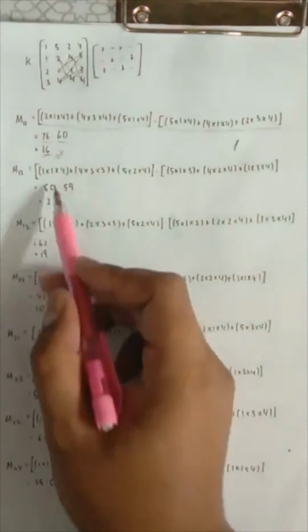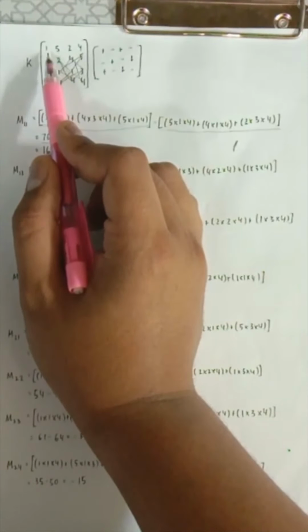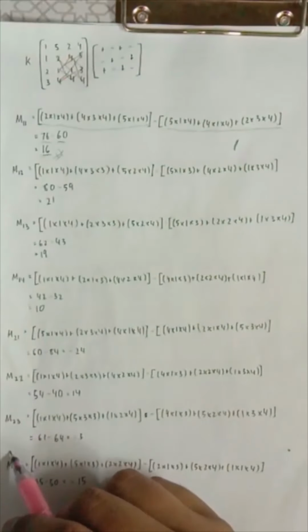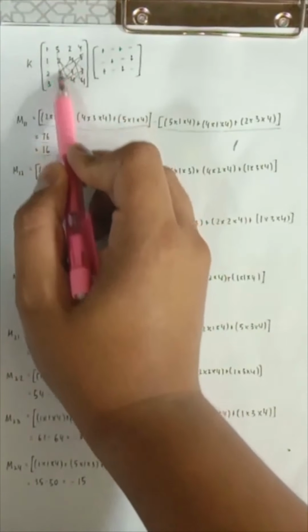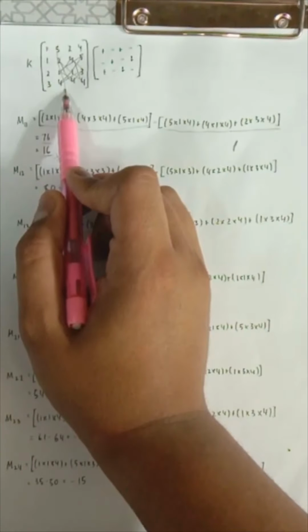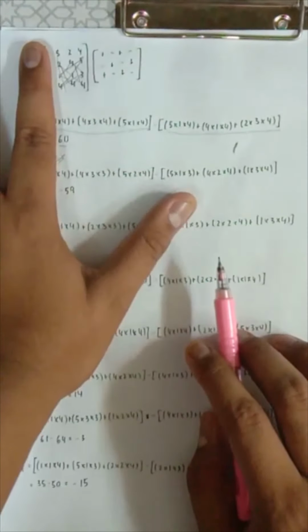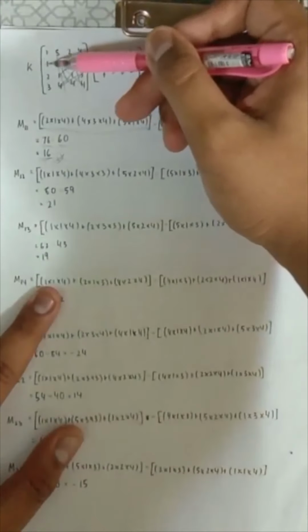So we will move on to the next number of the second column, which is this one. So we have to close this first column and second row.